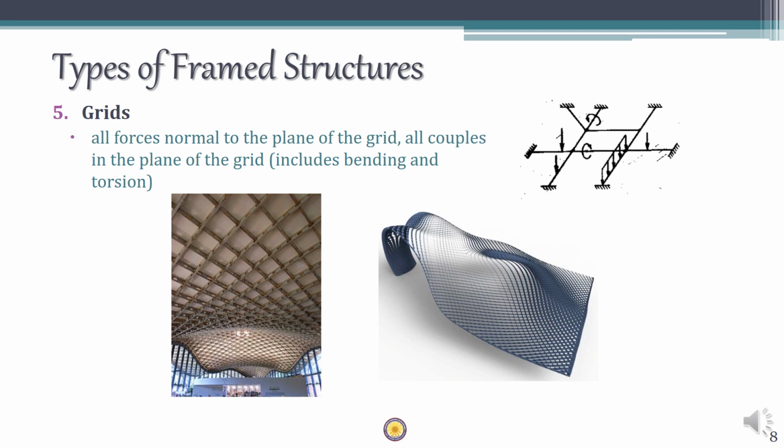That means the grids can support forces perpendicular to the grid, and also the twisting moments which can come in the grid. So these grids are used in the case of complex roof designs, etc.